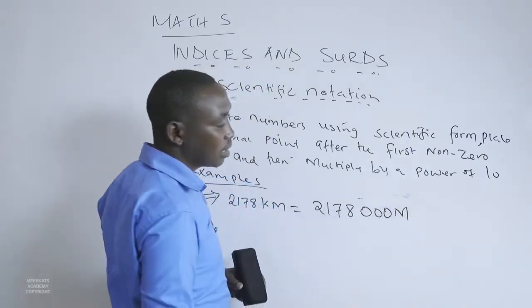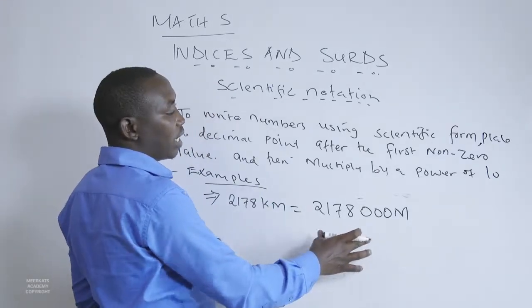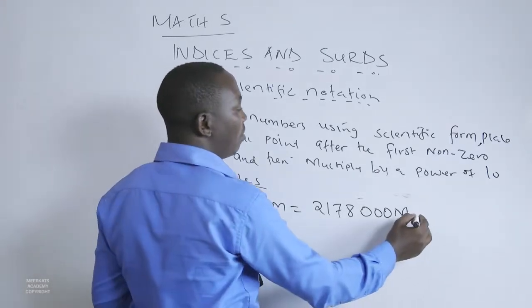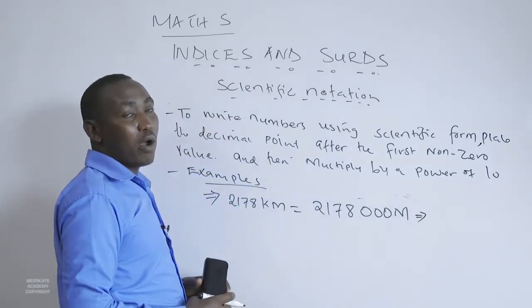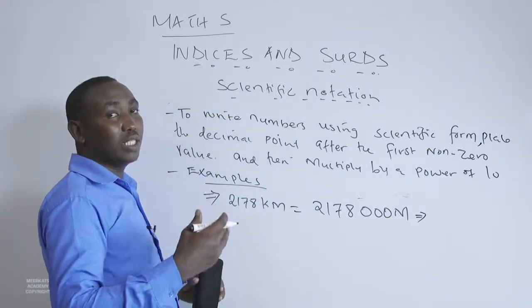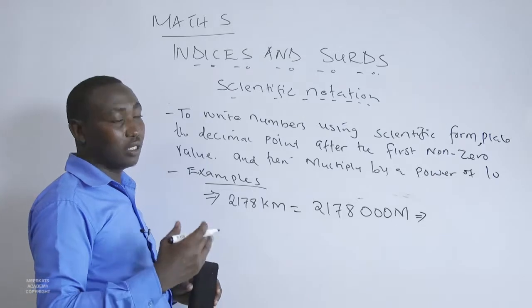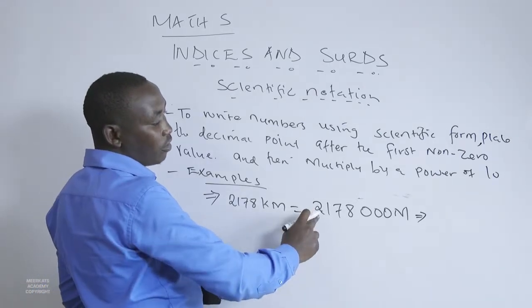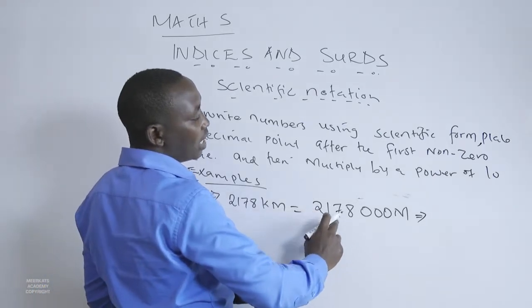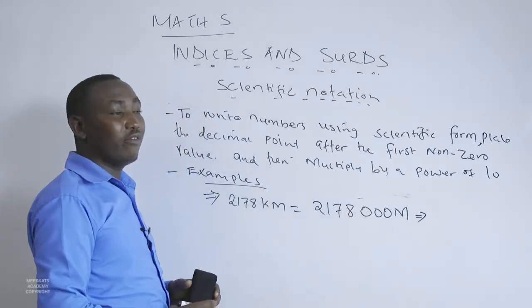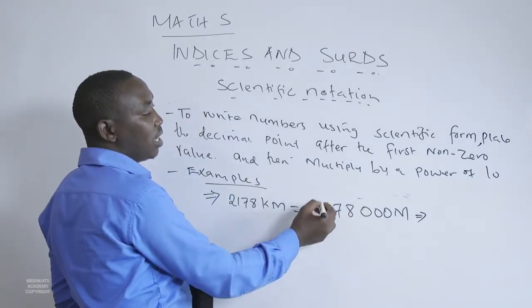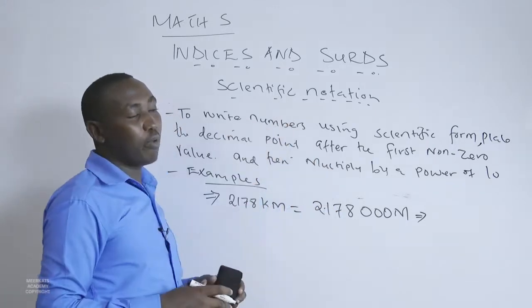This will give you 2,178,000 meters. Then we can rewrite this in scientific notation, where we have said you place your decimal point after the first non-zero value. Beginning from here, 2178 are all non-zero values. Therefore, you count the first one, and after it you place the point there.